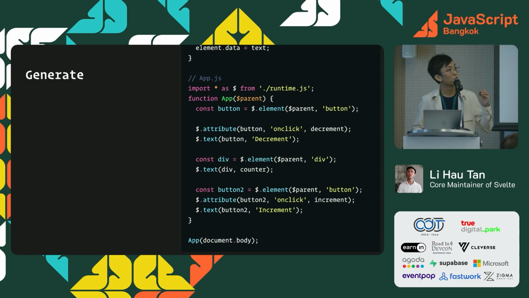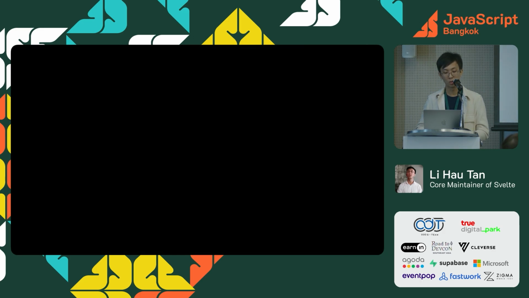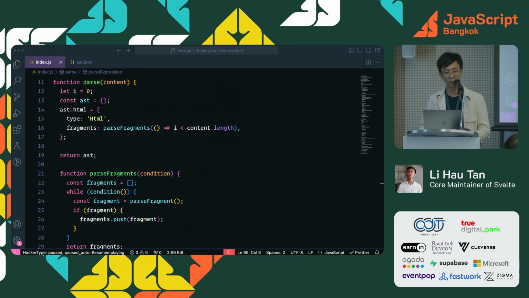We're going to skip the analysis part because, for lack of time today, we probably don't need to analyze too much of the code, and we jump straight to writing the generate function. I'm going to have the code that we ran through earlier over here on the screen. So this is the code that we need to generate.